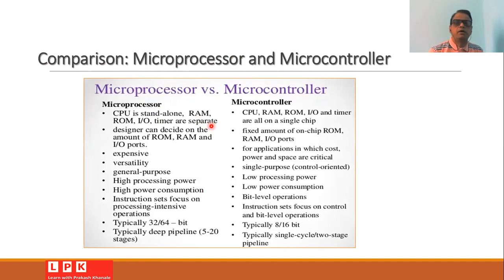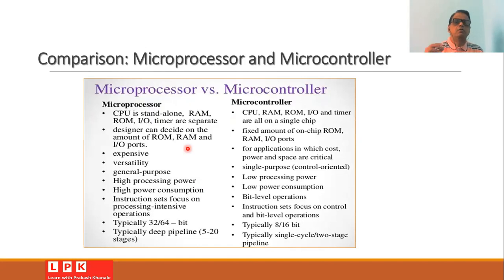While in the case of a microcontroller, everything is available as a part of the chip only. So CPU is there, RAM is there, ROM is there, IO is there, and also the timer circuits are readily available. With a microprocessor, whenever any designer wants to make use of it, then he can decide how much ROM is required, how much RAM is required, what is the requirement for the IO ports.